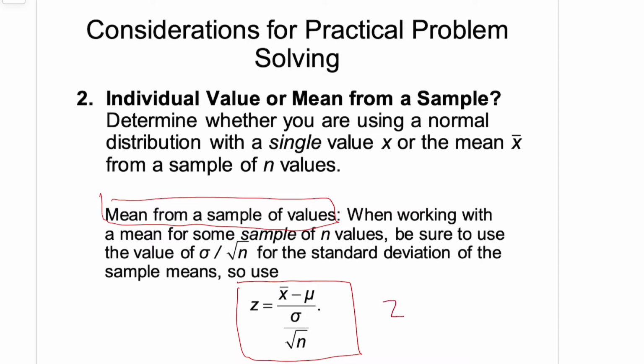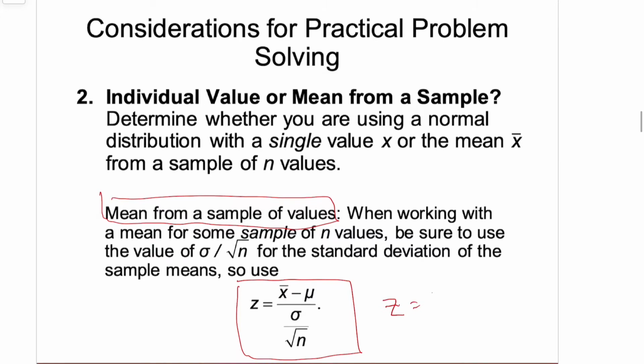And again, we said another way we can think about this formula is x bar minus mu of x bar over sigma of x bar. We have to remember that if we're going to use the second formula, mu of x bar is really just the mean of my population, and sigma of x bar is still sigma over the square root of n.